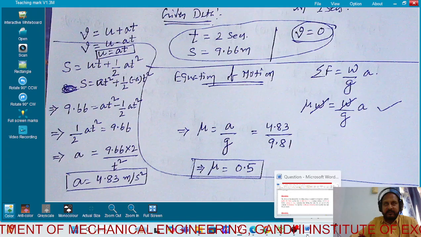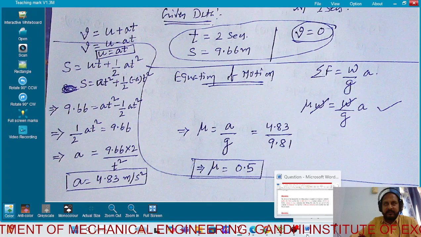Now, all the data are given to you. Clear? So let me write down here again. What is the given data? The given data is weight is 8.9 kilonewton. Initial velocity is 0.